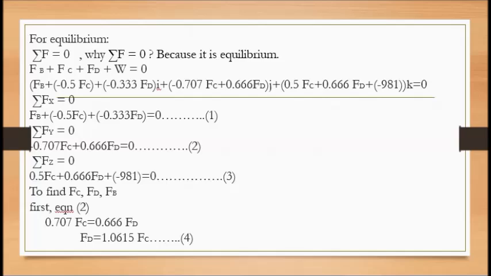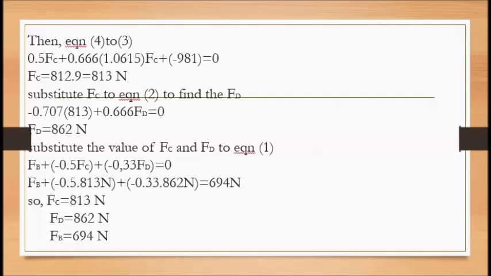We have the value of FD, so we can input it into the third equation. Basically, we'll only be dealing with FC, one factor, and then we can solve the equation, and FC comes out as 813 newtons. Then we plug FC into the j equation to find FD. We solve that equation, and we get 862 newtons. Now that we have FC and FD, to find FB we just plug these two values into equation 1, and we get FB.